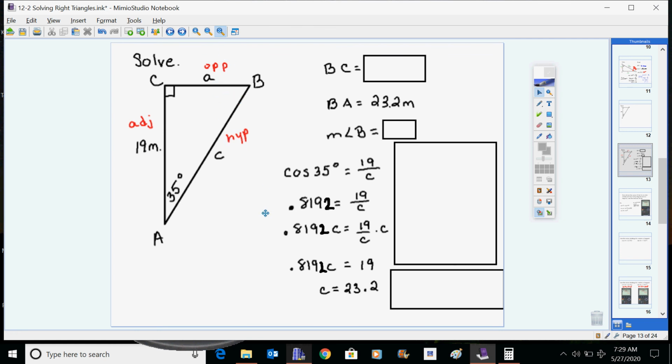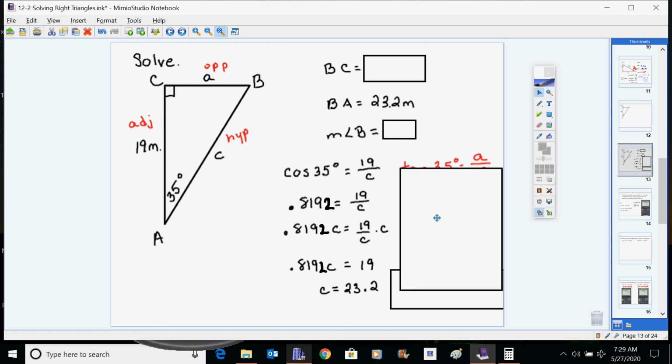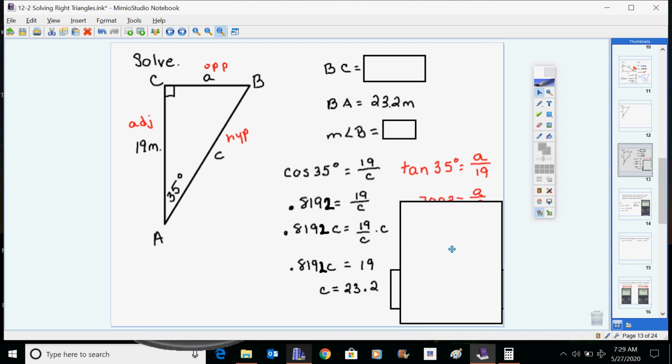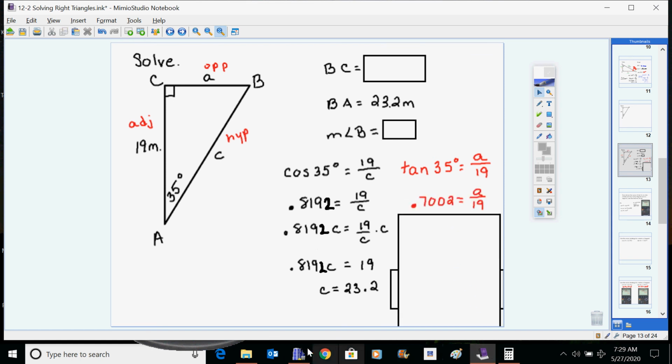And so we've done, sine isn't helpful, cosine we used, tangent, opposite over adjacent. Let's do tangent, A over 19. So you want to find the tangent, another calculator exercise.